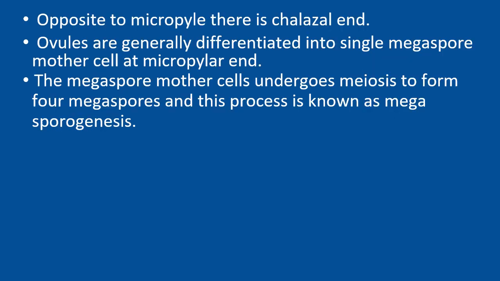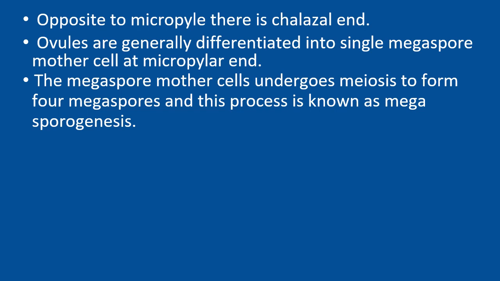So as per the diagram, we have two openings over there. The first opening is the micropylar, and opposite to the micropylar is the chalazal end. Ovules are generally differentiated, which means a single megaspore mother cell is formed at the micropylar end.